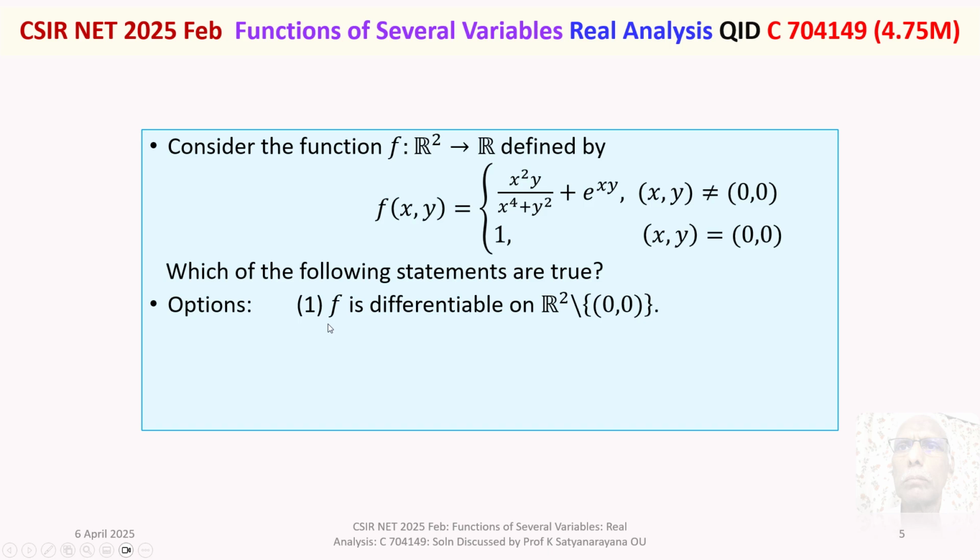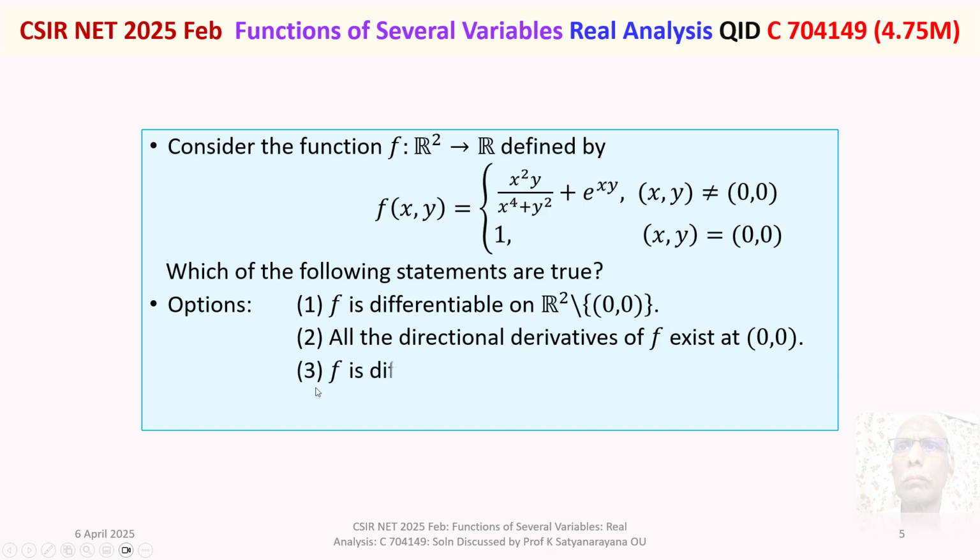Option 1, f is differentiable on R square minus the singleton set consisting of the ordered pair 0 comma 0. Option 2, all directional derivatives of f exist at 0 comma 0.